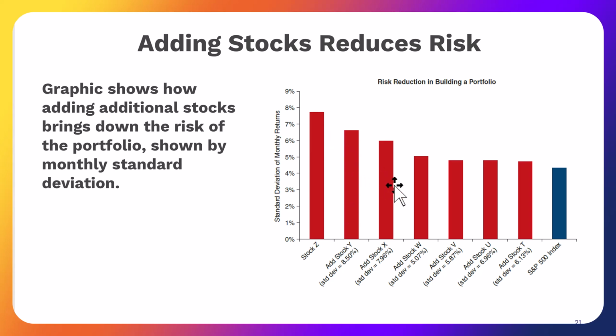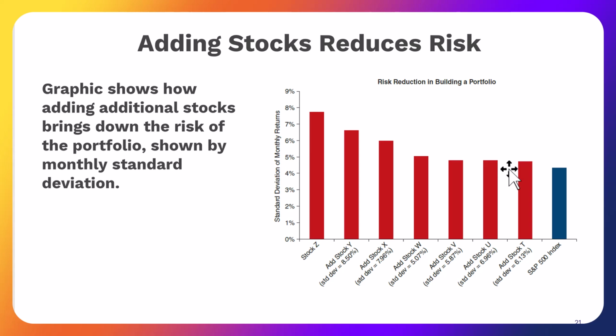And so on and so on. As we continue to add stocks, ultimately, if we add 500 stocks here, the S&P 500 index, we would find that it has this minimum level of risk. What they're trying to show here, and I don't think this graph does it justice, is that as we add stocks, we see risk reduce.